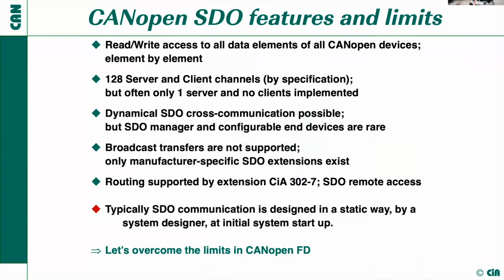We don't have a broadcast transfer. That's a little bit limiting, but there exists a certain tricky workaround to support even that. And we have already a routing capability in CiA 302-7 that allows remote access and allows more or less embedding entire network systems into cloud-based communication.